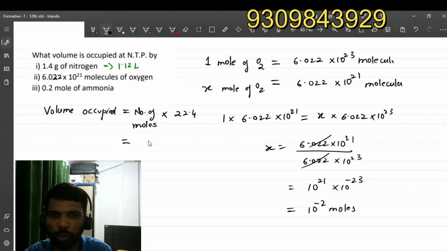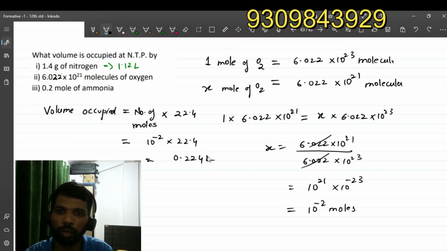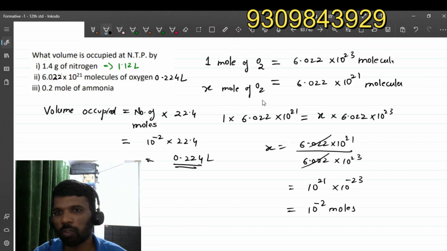It is 10 raised to minus 2, into 22.4. So this will be equal to 0.224 liter.